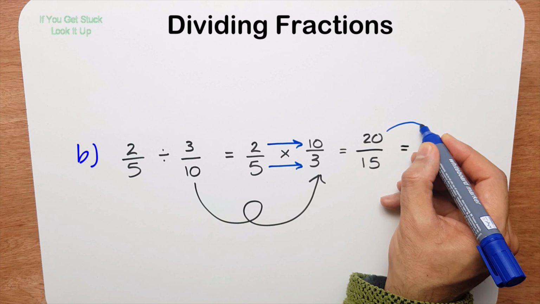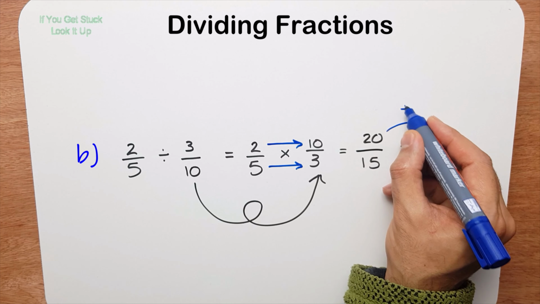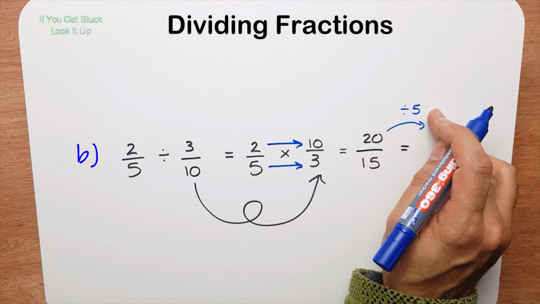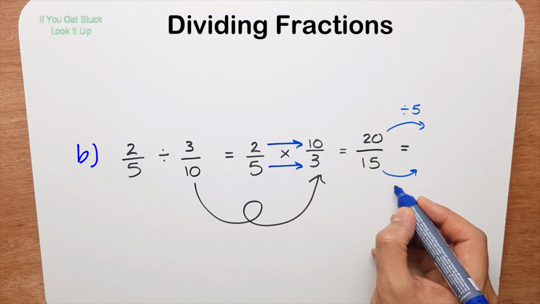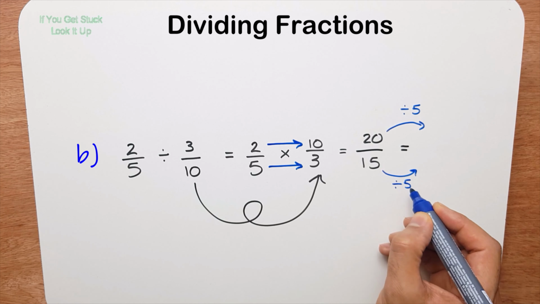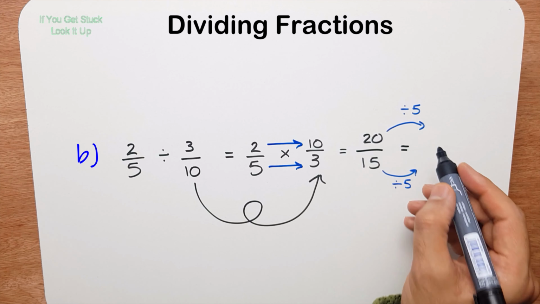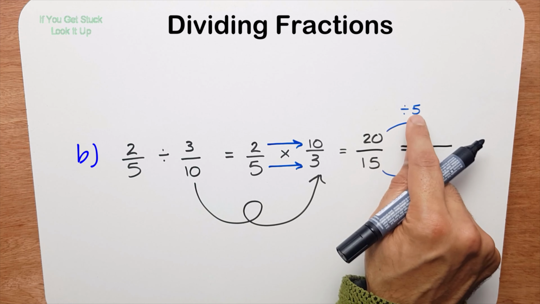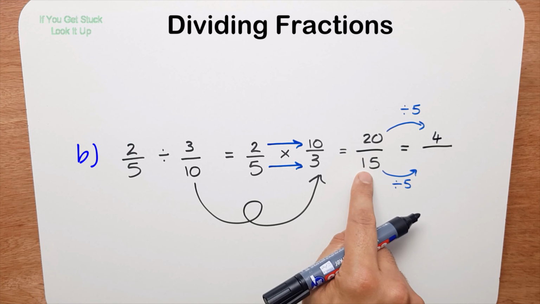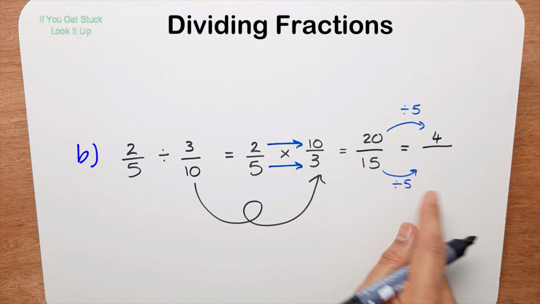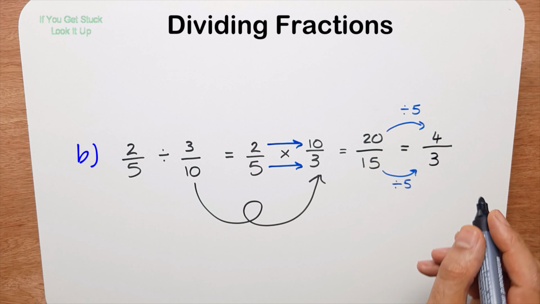So I divide the numerator by 5, and whatever I do to the top number, I have to do to the bottom number. So I'm going to divide the bottom number by 5. 20 divided by 5 is 4. 15 divided by 5 is 3.